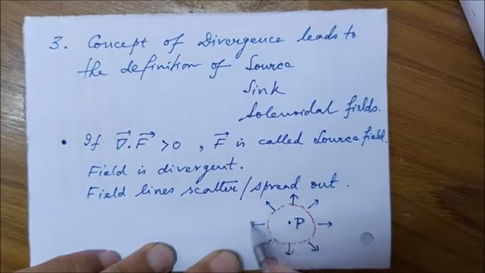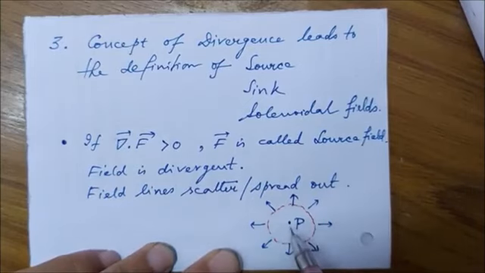So field lines are spread out from the point P. They are divergent from the point P. We will say that there is a net outward flux.